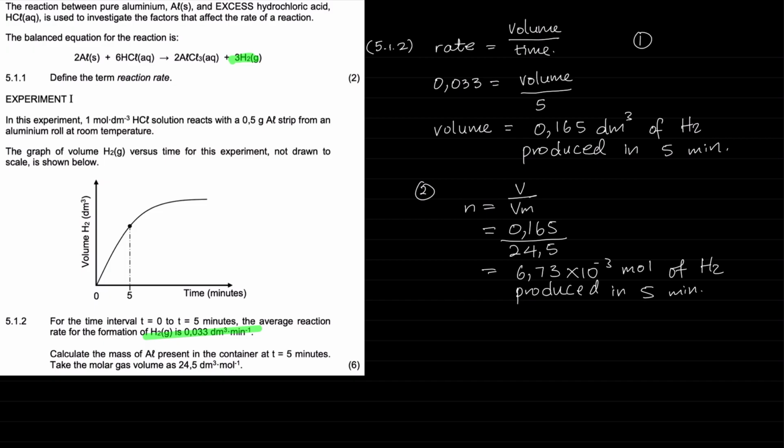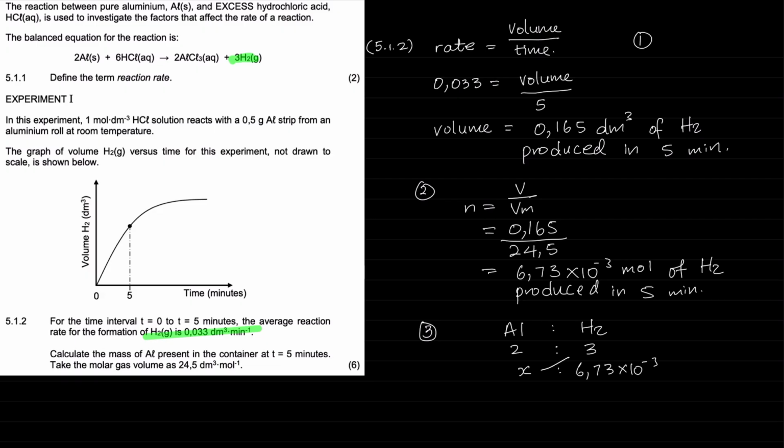Now that we have the number of moles, we can do a mole ratio to get the number of moles of aluminium. So step 3: the mole ratio for aluminium to H2 is 2 to 3. We don't actually have 3 moles of H2, we have 6,73 times 10 to the minus 3, and we can call that x.